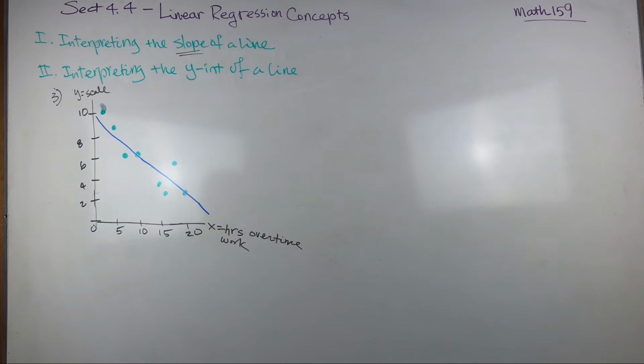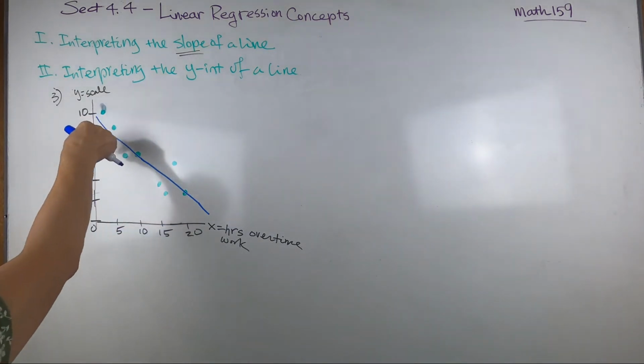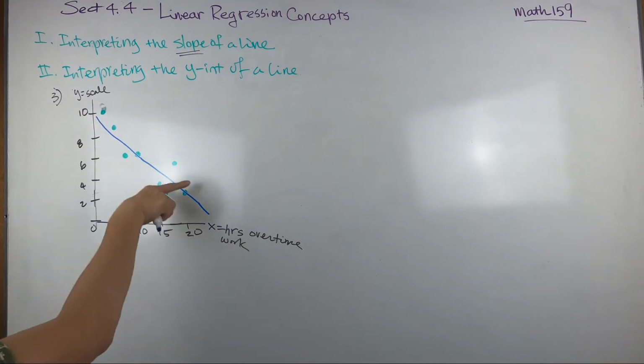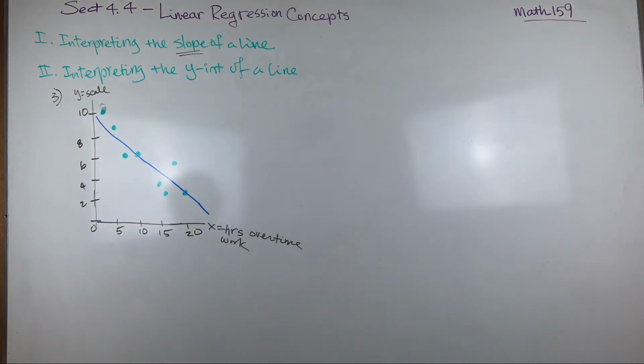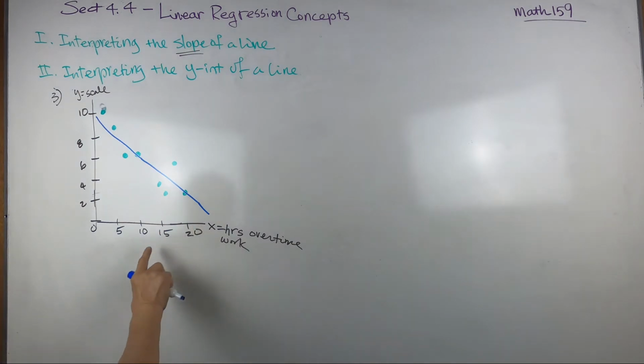To find the line. Somewhere kind of in between, covering all those points inside, right? So it shows that the more hours overtime the person worked, the less satisfied he or she was, right? So this is what it's telling you.